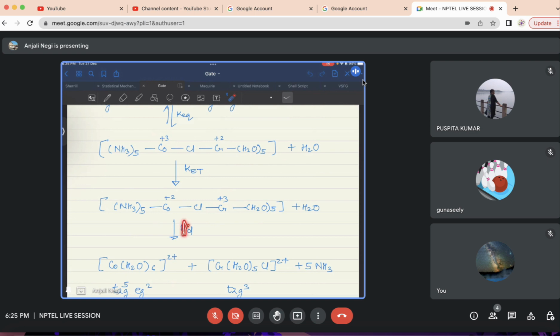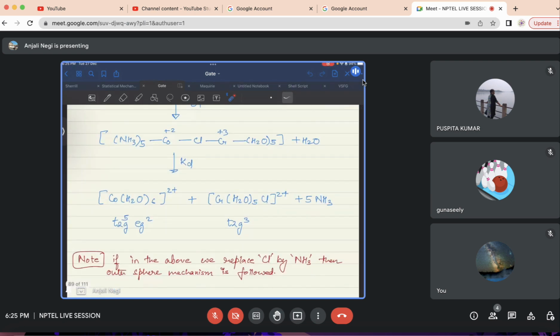Now the KD, that is my dissociation, will happen such that there is a simultaneous hydrolysis that happens here in the case of Co ammonia. Also this chlorine will get substituted and will get transferred to the chromium complex.